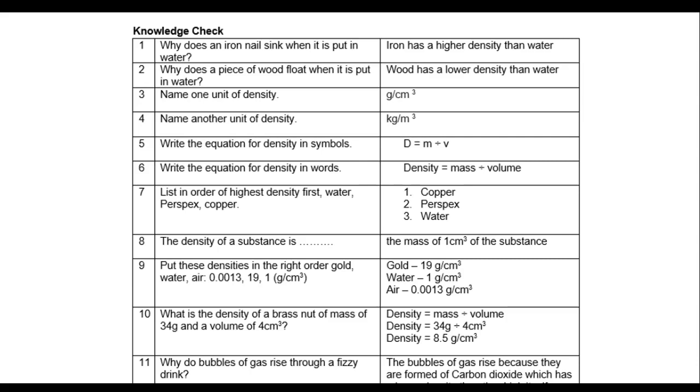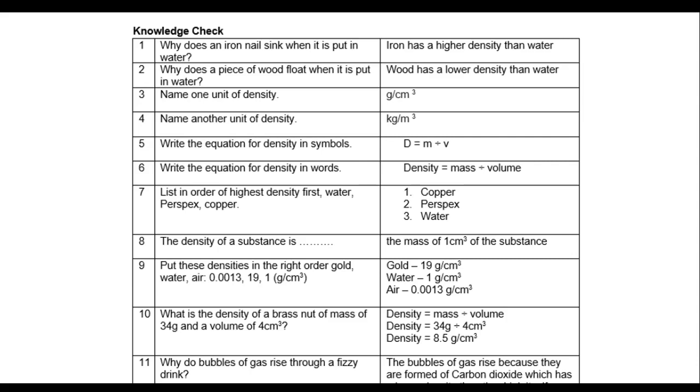And the reason why bubbles of fizzy drinks rise is because the carbon dioxide which makes up the gas in the bubbles has a lower density than the drink itself.